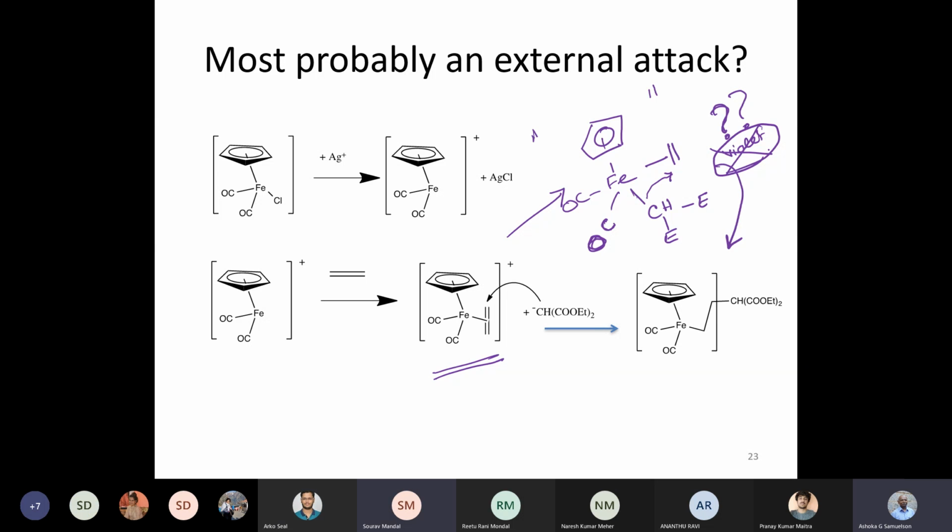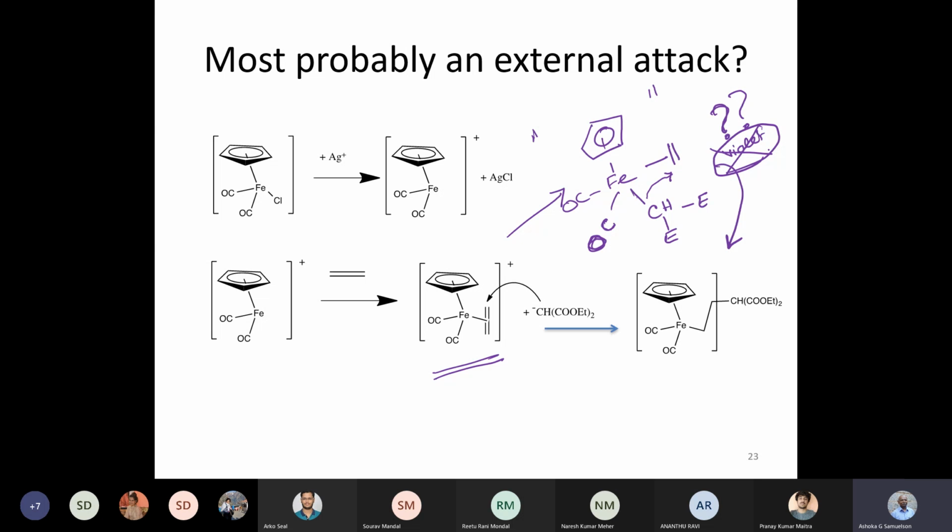Okay, but it is not an 18 electron. Not an 18 electron means what electron is it? It's a 20 electron species. Yes. So that is probably the best answer for it.